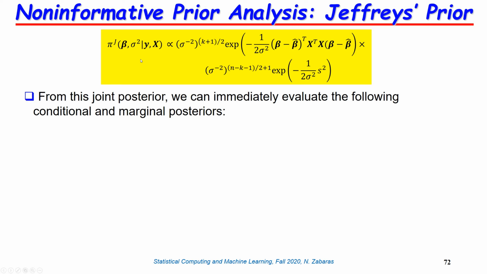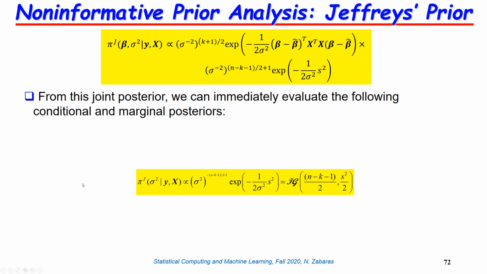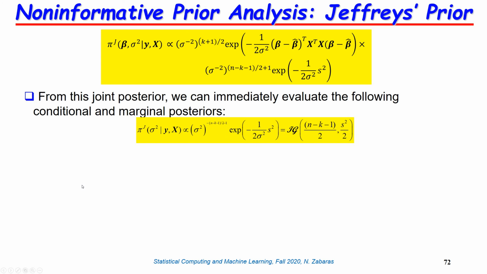That will be a conditional posterior distribution. Also, you can integrate beta out and derive the marginal posterior on sigma squared, and using that you can derive the marginal posterior for beta as well.